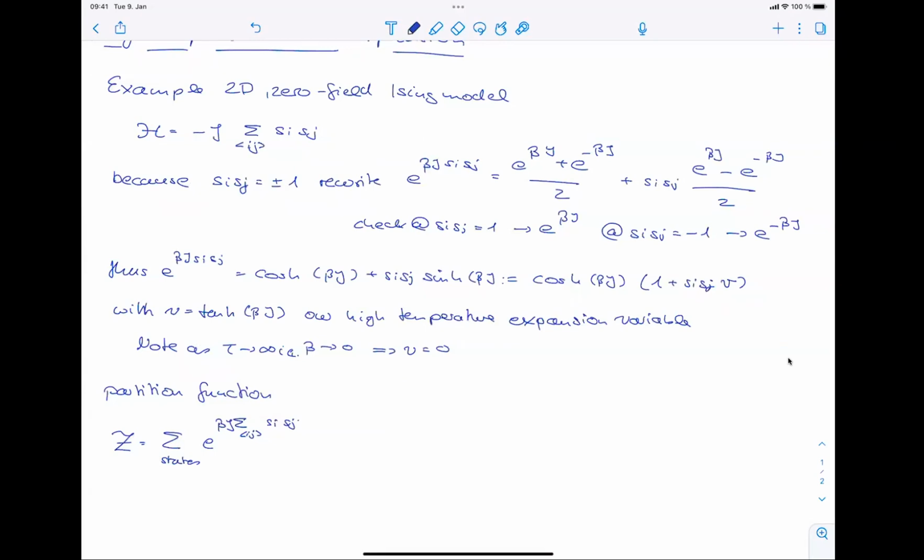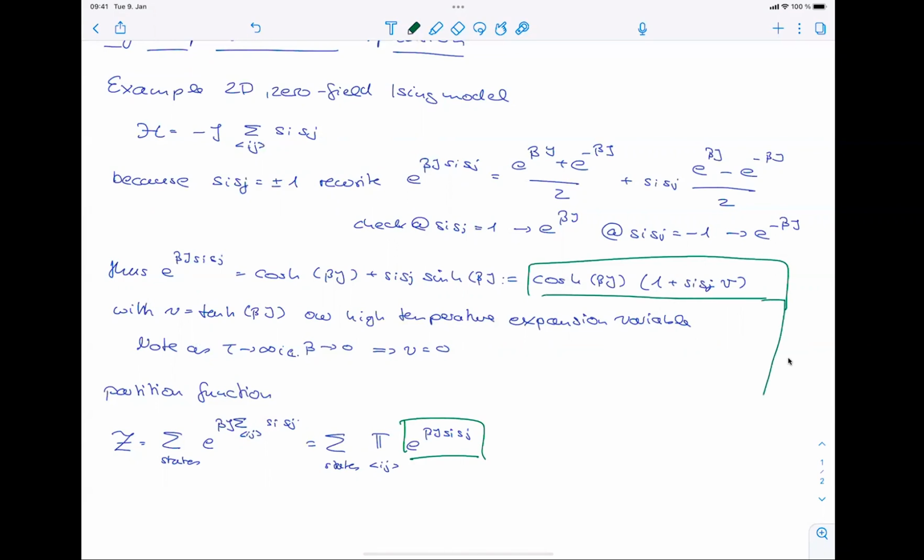I can rewrite the sum in the exponent, still summing over all states, as a product over e to the beta J Si Sj. And now for this, I can plug this in.